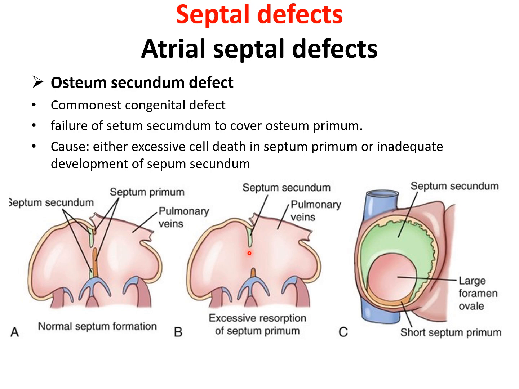So this will not cover the ostium secundum completely, and will lead to the defect called ostium secundum type of atrial septal defect. So here we have a large foramen ovale, because this is seen if the septum secundum is short, right?